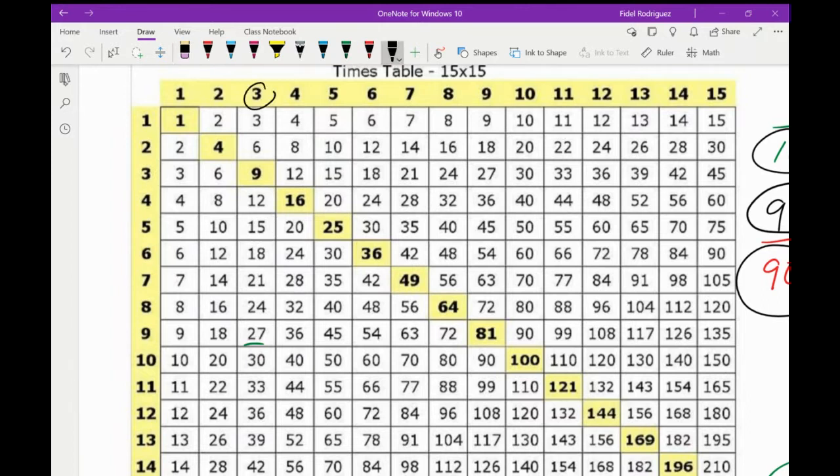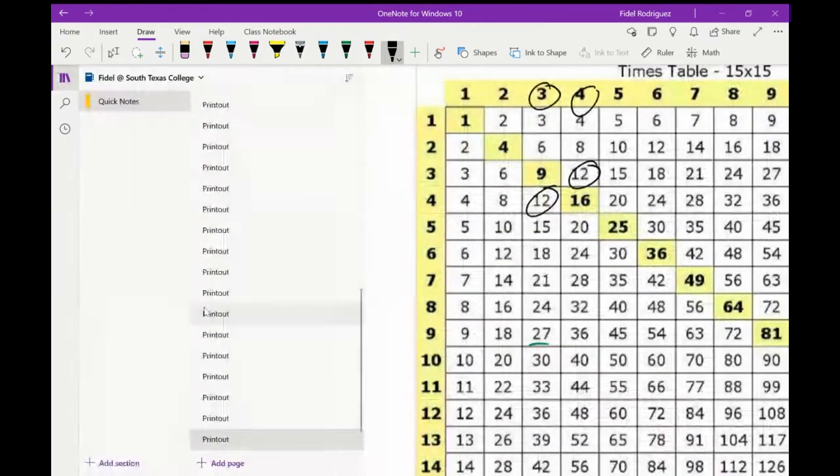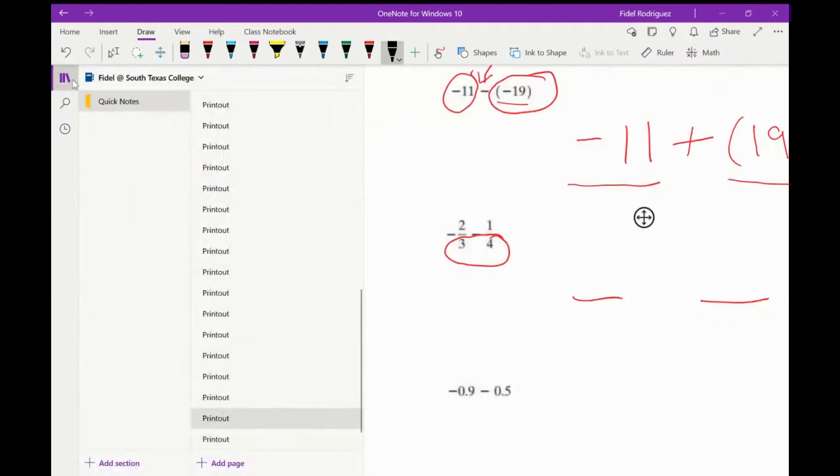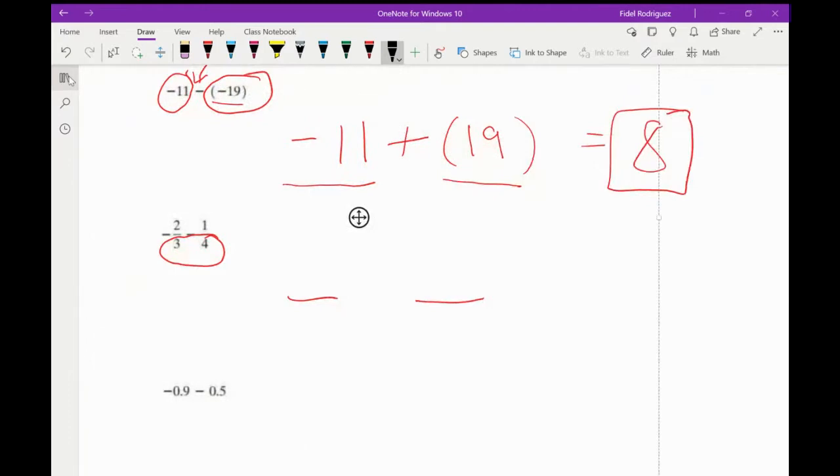Here's 3, here's 4. The first number they have in common is 12, right? So that's going to be my common denominator. I know I'm going to be using the number 12. So I'm going to write a 12 right here, and a 12 right here.